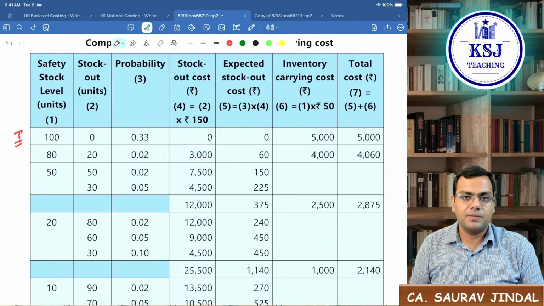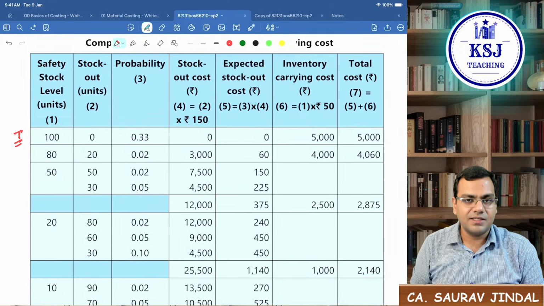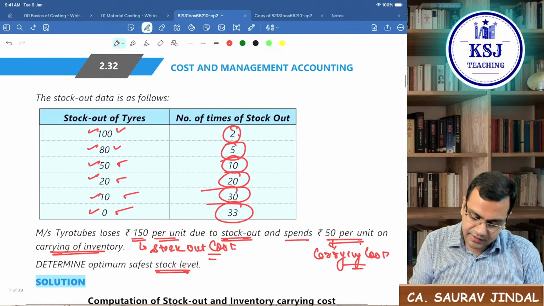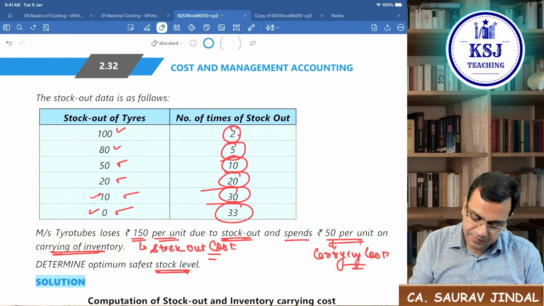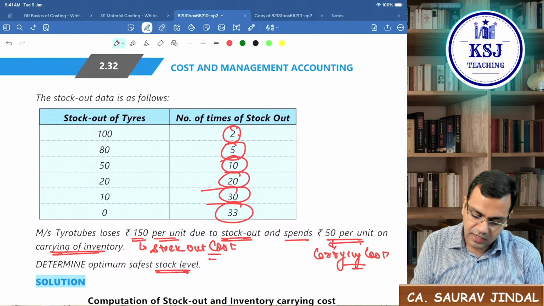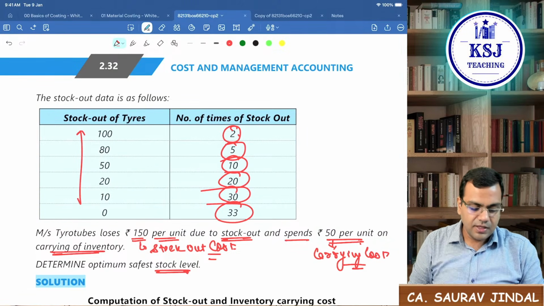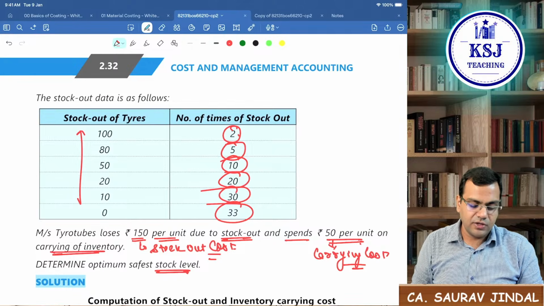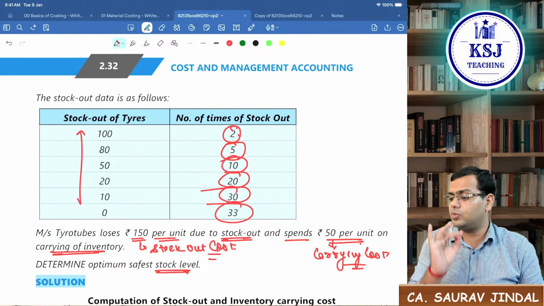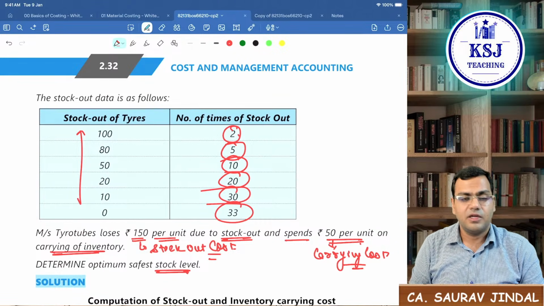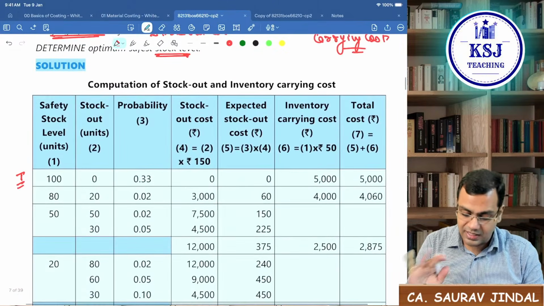If you keep 100 units as a safety stock, and there is a demand for 100 units, will there be a situation of stock out ever? You are having a safety stock of 100, and there is a maximum demand of 100. Never, sir.